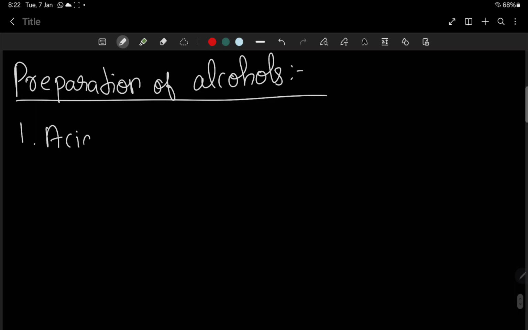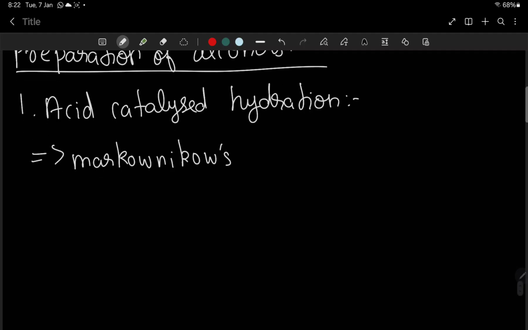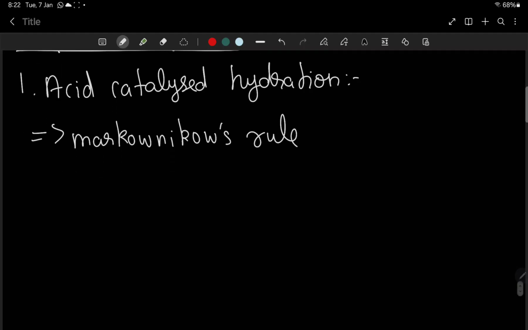Acid catalyzed hydration follows which rule? Markovnikov's rule.